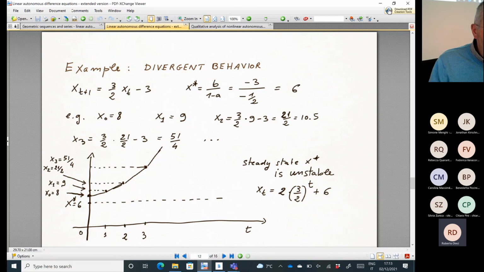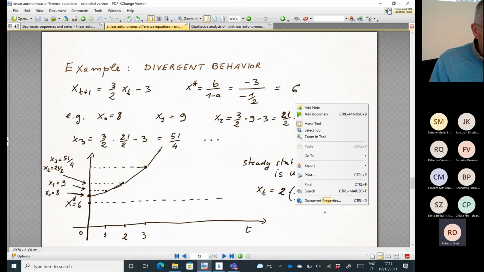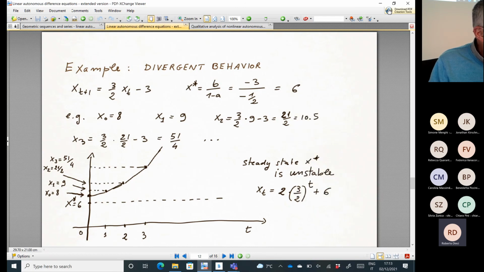On the other hand, if you go to the solution formula, put 0 here, this becomes 1, and you get back 8. If you put 1 here, 2 times 3/2, which becomes 3, plus 6, equal to 9.